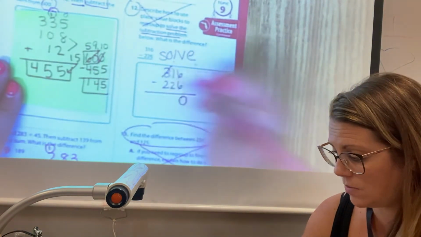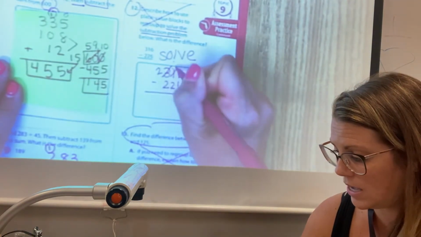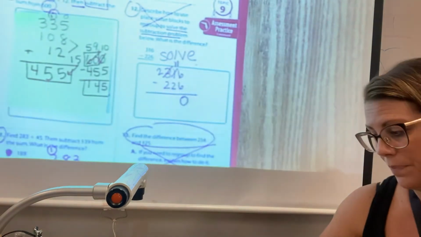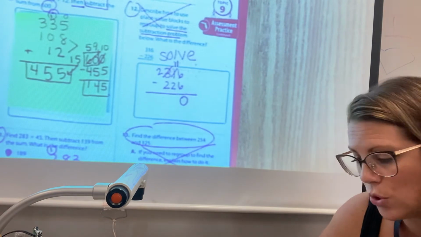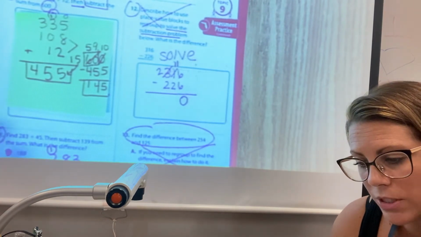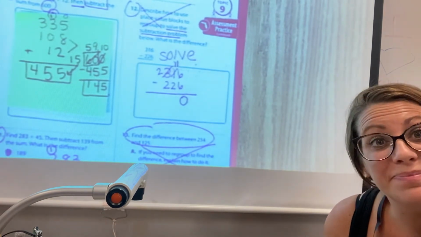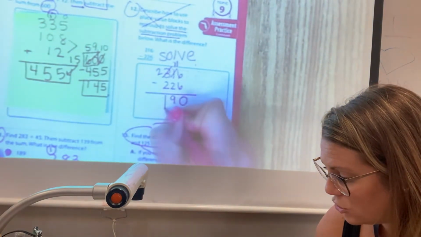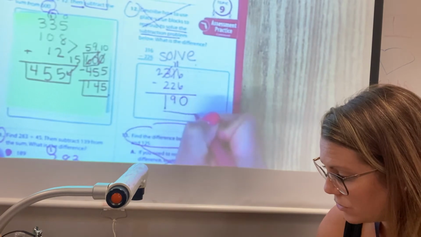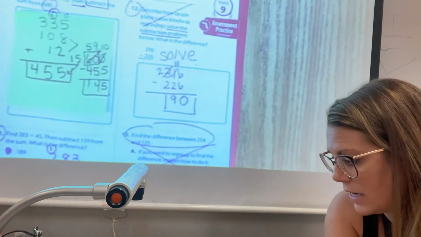More on the floor, so we have to go next door and get 10 more. Okay, so we have 11 minus 2. What did you get? 9. And 2 minus 2 equals 0. So you should have gotten 90.